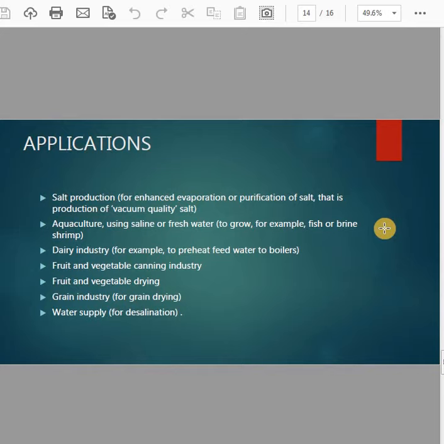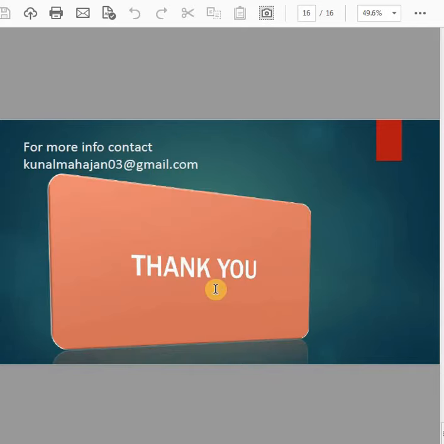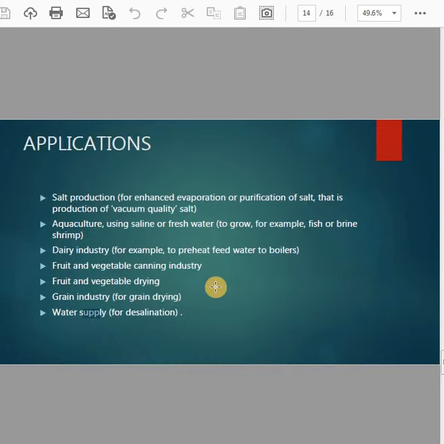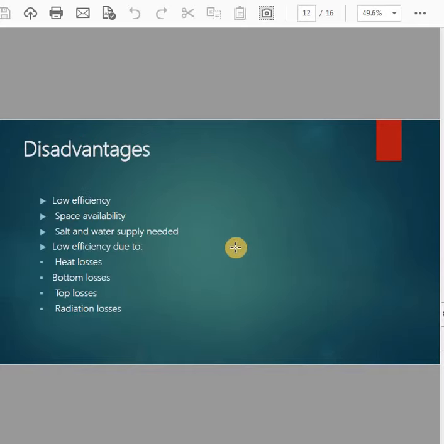Dairy industry, where it can be utilized for preheating the feed water to the boilers. It can be used in fruit and vegetable canning industries, fruit and vegetable drying, and the grain industry, and for water supply for desalination. So these are the references for where it is being used.